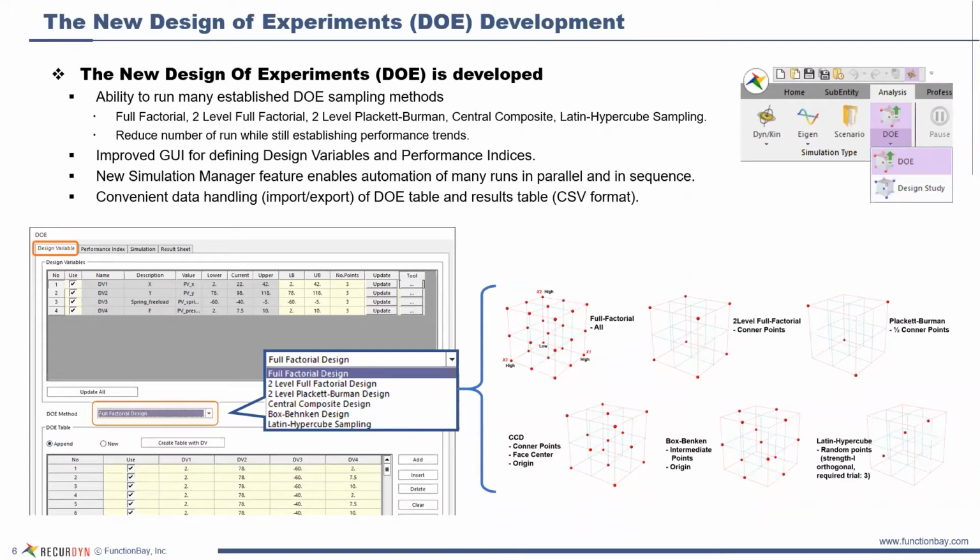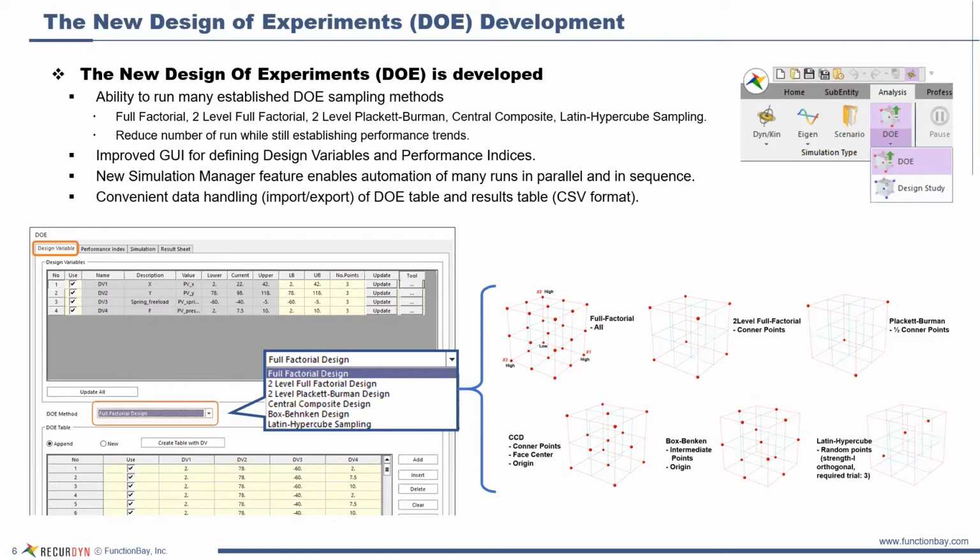And so before, the full factorial method was available, but now we have all these other different methods, like the Plackett-Burman and central composite design. And so these types of designs will help to cover the sampling space without as many trials. So this will reduce the time that it's required to run all the simulations, but you'll still be able to establish trends from the experiment.